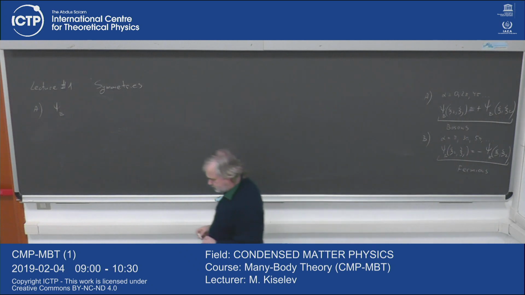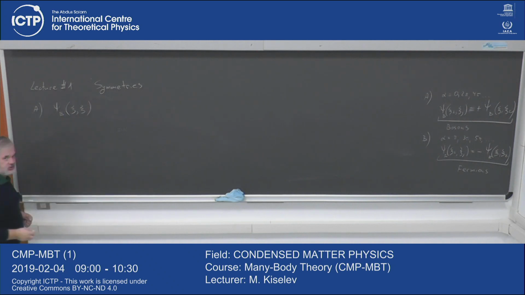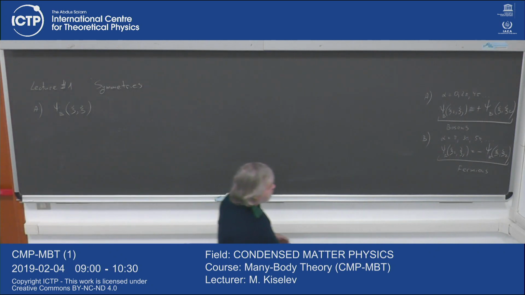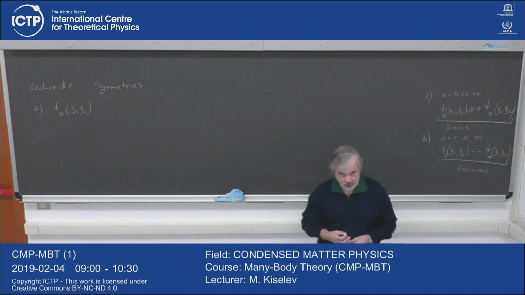So for bosons, we can imagine that if we have a set of coinciding arguments, for example, we consider two bosons sitting in the same coordinate place, this is perfectly allowed. So such kind of wave function can exist because we don't violate this equation putting two arguments equal.